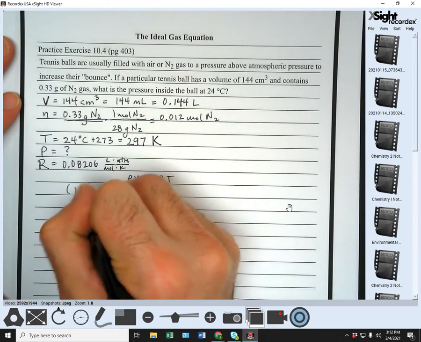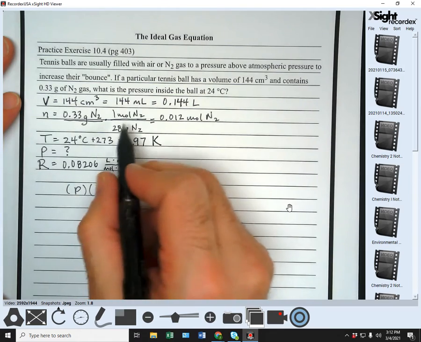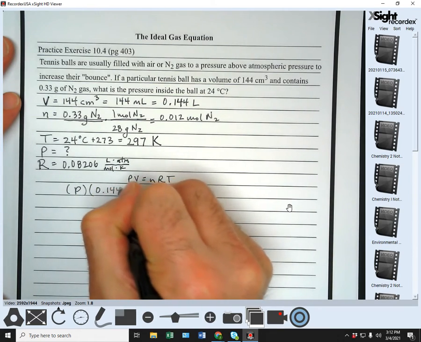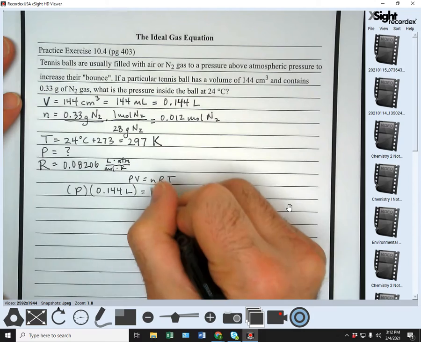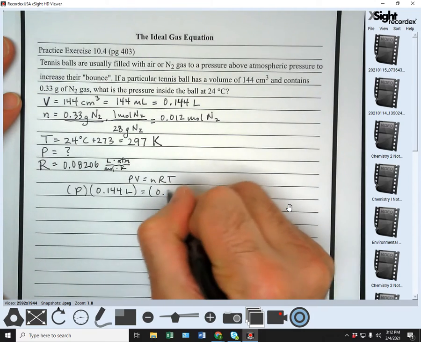Pressure, what we're looking for, we don't have that. Volume, 0.144 liters. Number of moles is 0.012.